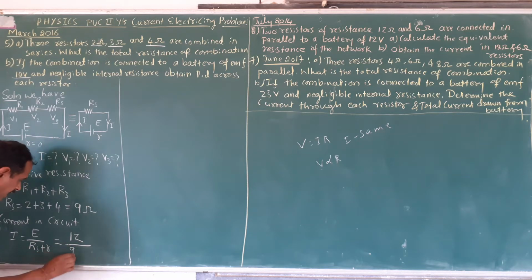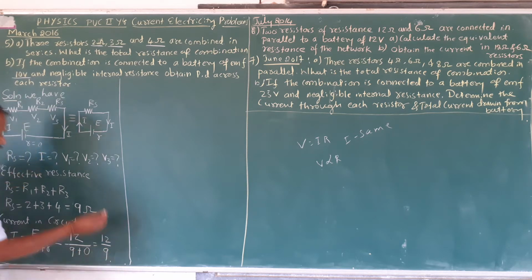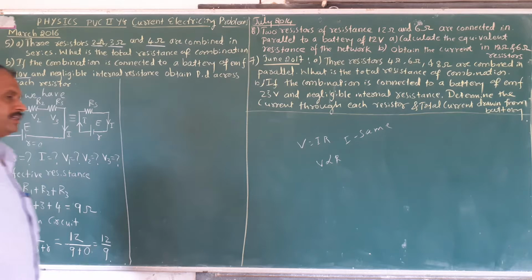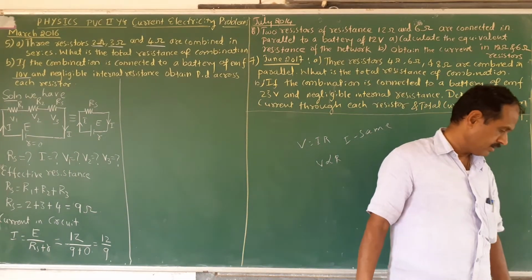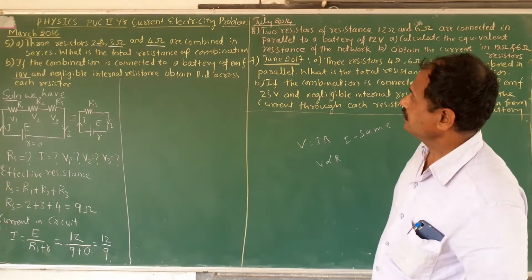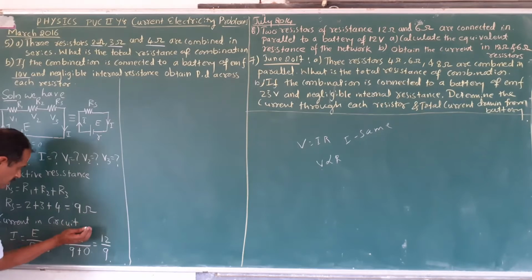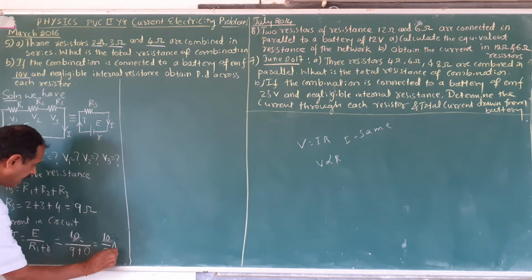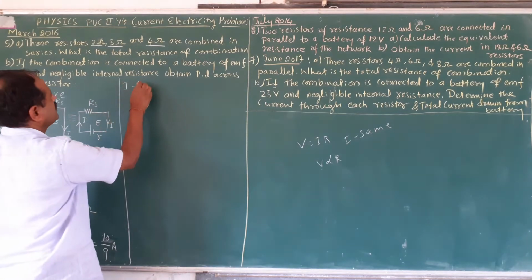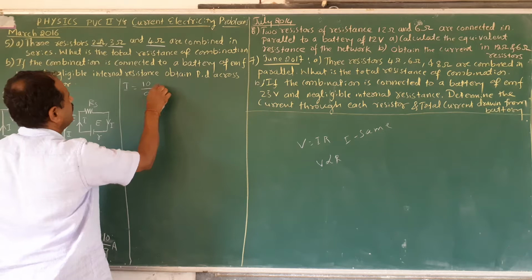RS is 9 plus R0, so this is 12 by 9. Current is 12 divided by 9. I think it is 10, so it is 10 by 9 ampere. The main current is equal to 10 by 9 ampere.